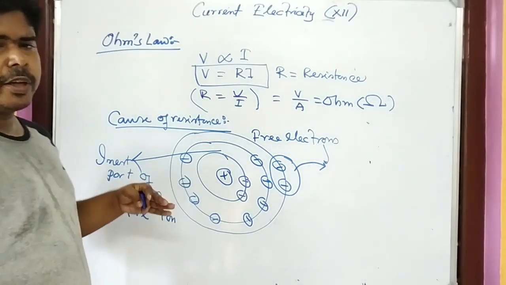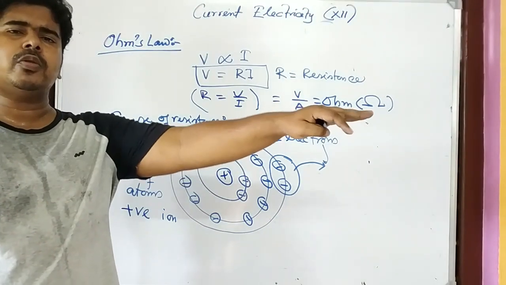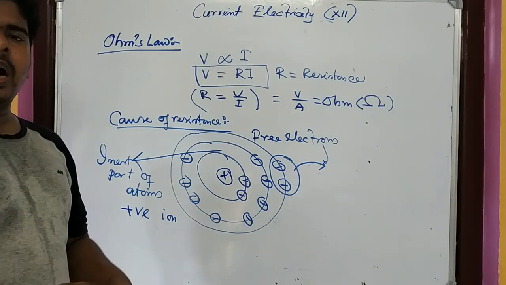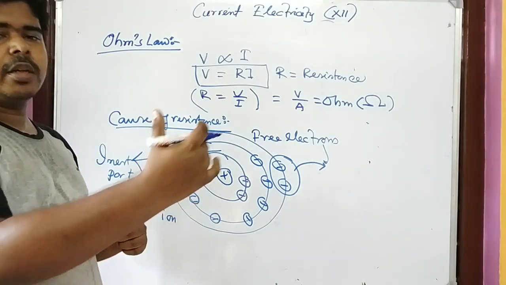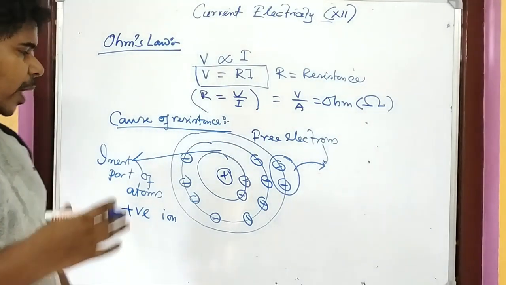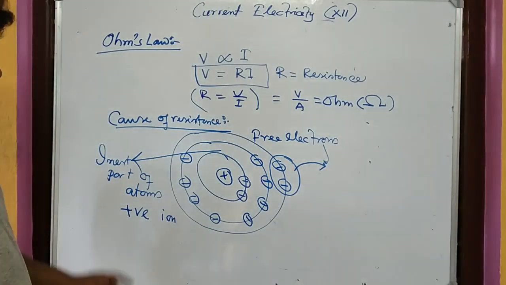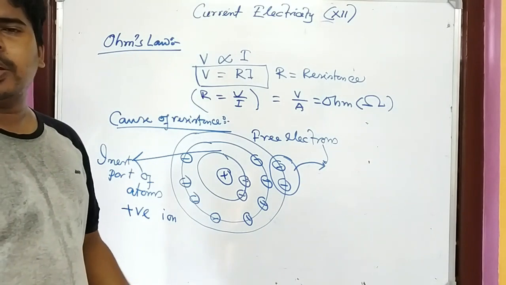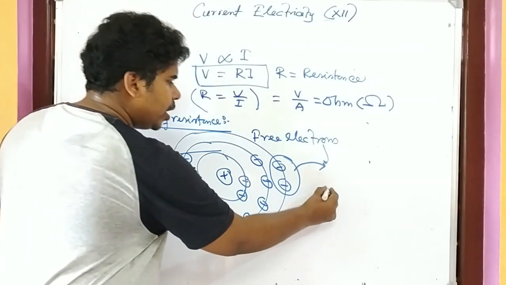So when the free electrons are moving through the conductor, these positive ions are already on their path. As the free electron moves, a positive ion comes in front of it. So definitely there will be a collision.